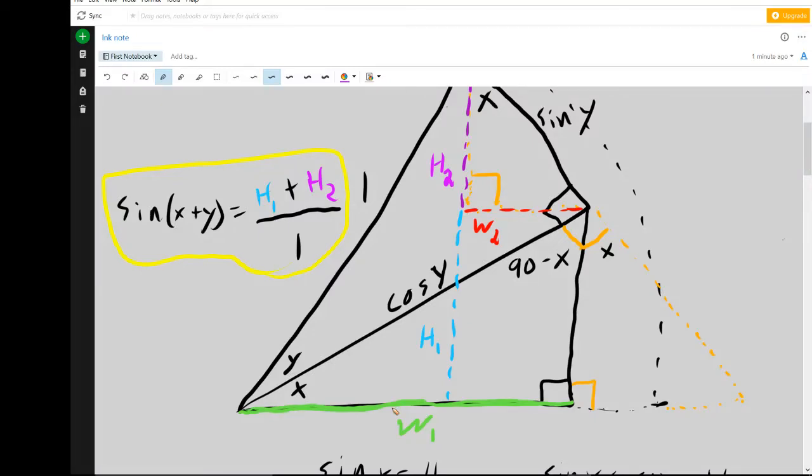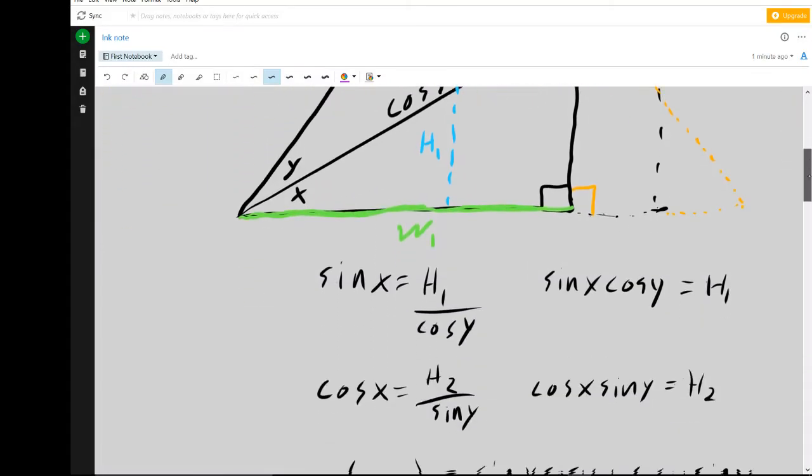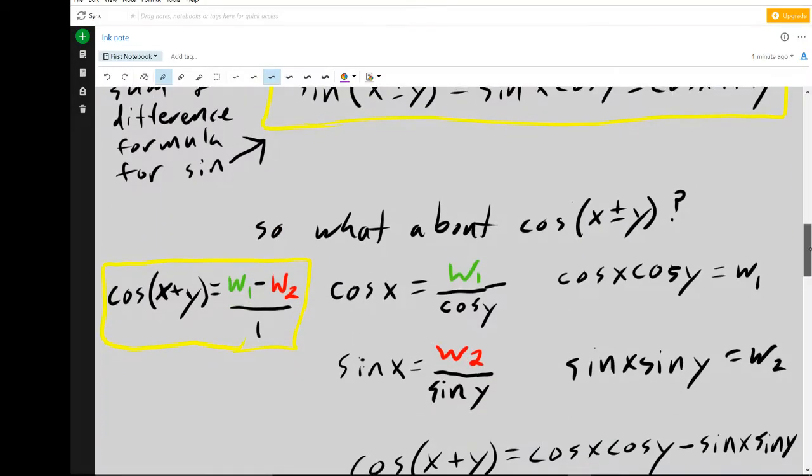We only need this green one all the way up to where we meet this height. So what we actually need to do is we need to subtract the green width by the red width. Right? We're actually going to do subtraction to find our adjacent side to our newly formed y and x angle. Okay, so how do we do that?